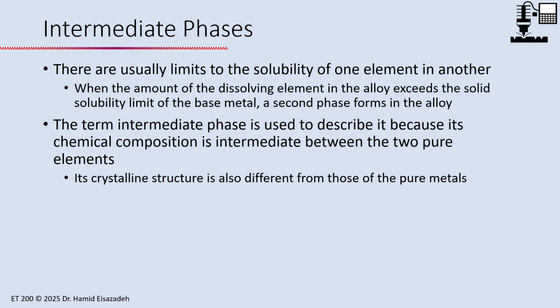When the amount of dissolving element in the alloy exceeds the solid solubility limit, then a second phase forms in the alloy, and the term intermediate phase is used to describe that excess element. Its composition is going to be between the two pure elements that are mixed together. The crystal structure is also different from the pure metal.